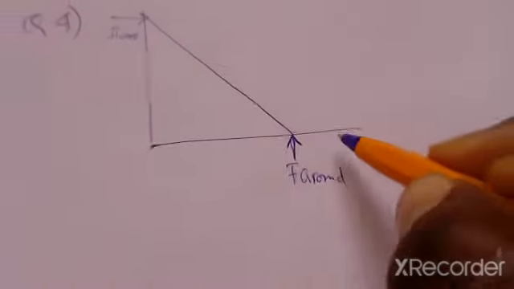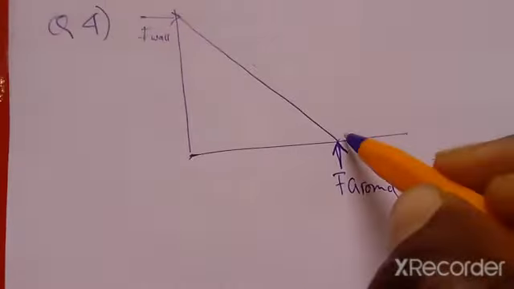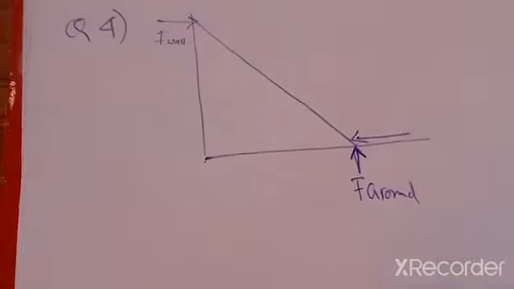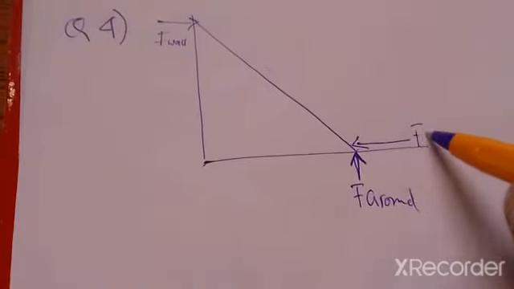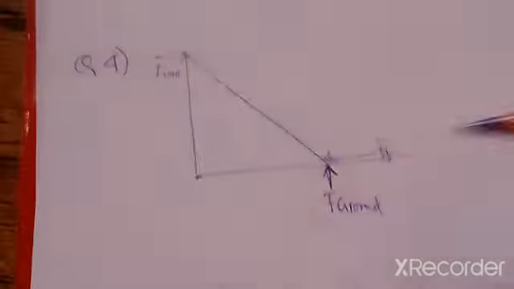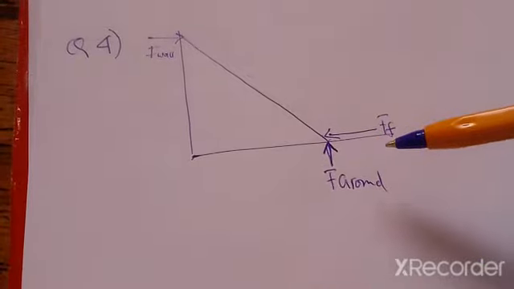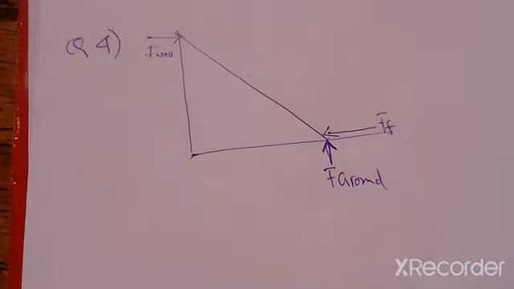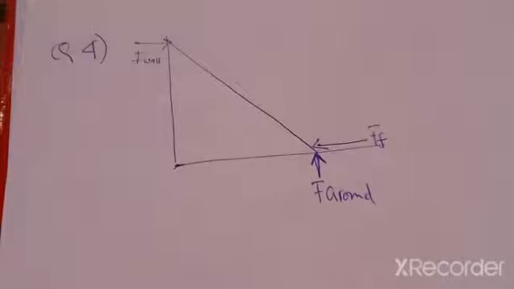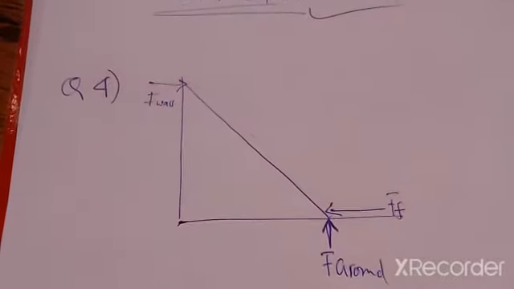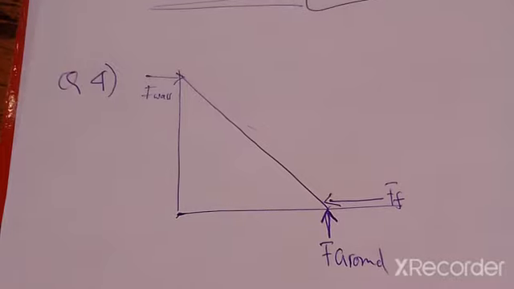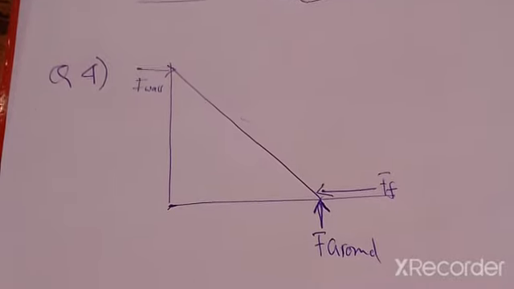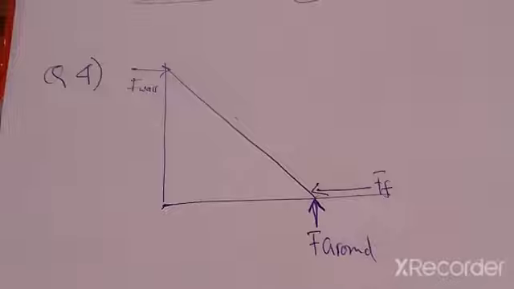Then there's the force, which is the force of friction. There's the force of friction acting against the direction of slipping of the ladder. Then we've been told that the ladder is weighing 200 newtons.